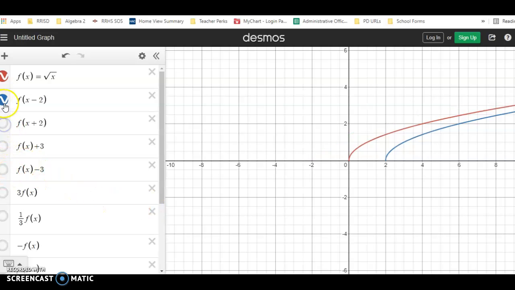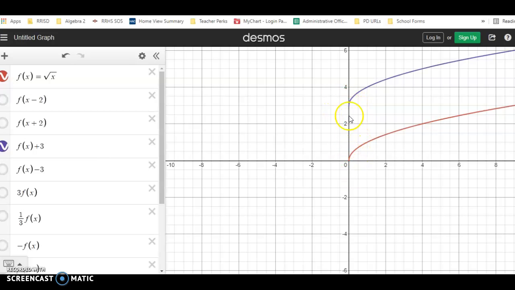So now I'll switch these off and I'll put f of x plus 3, which means it's actually going as intended to the top. Now whatever is happening outside of the function, it is vertical. So 3 is being added to the function outside of it. So the y value is changing. So the y value has gone up by 3 units.